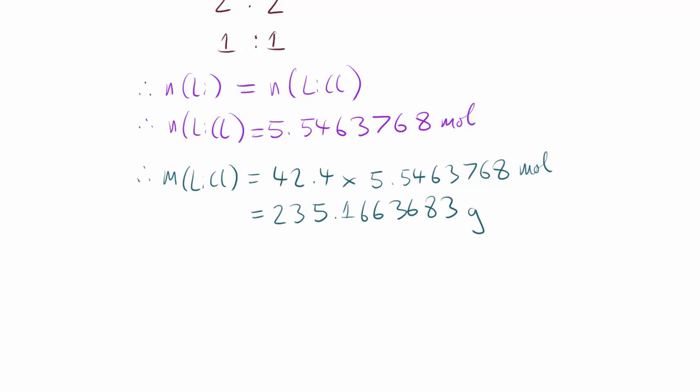This is obviously not to 2 decimal places, so we need to do some rounding, and say that it's 245.17 grams. That's the answer to 2 decimal places, and this is our mass of lithium chloride.